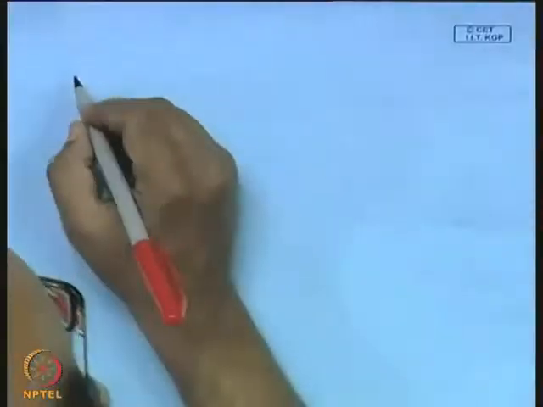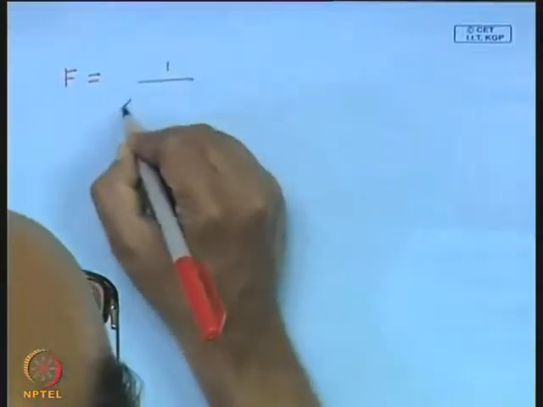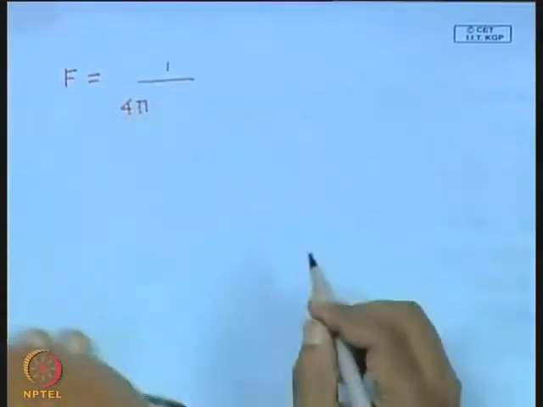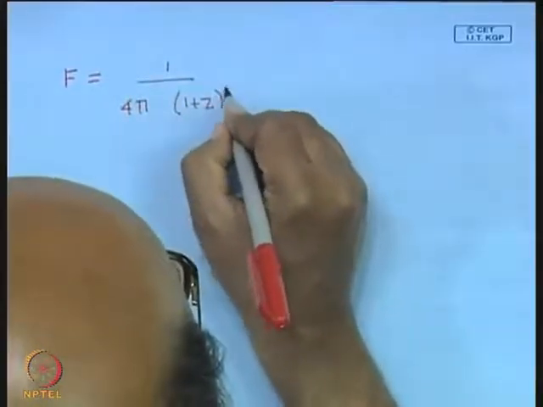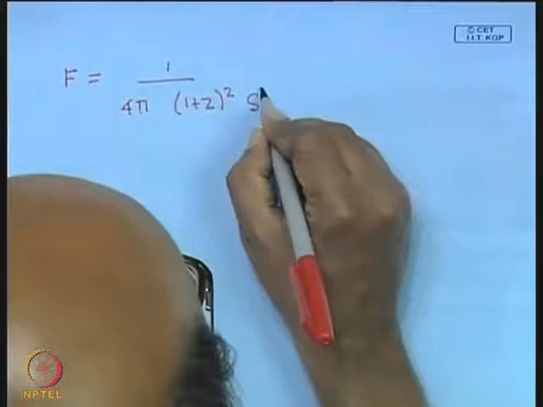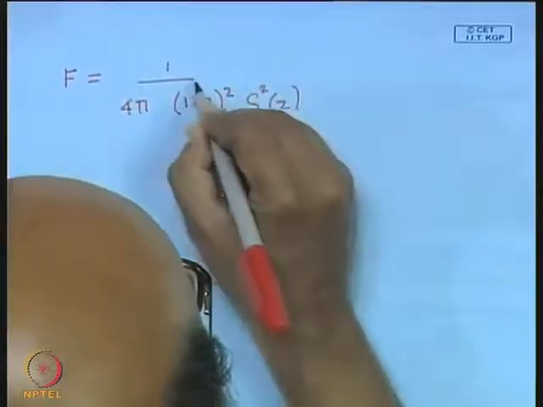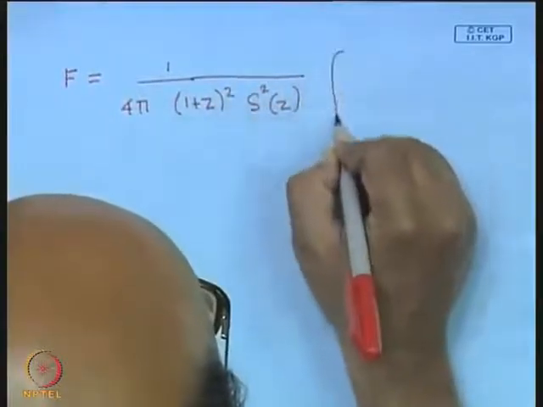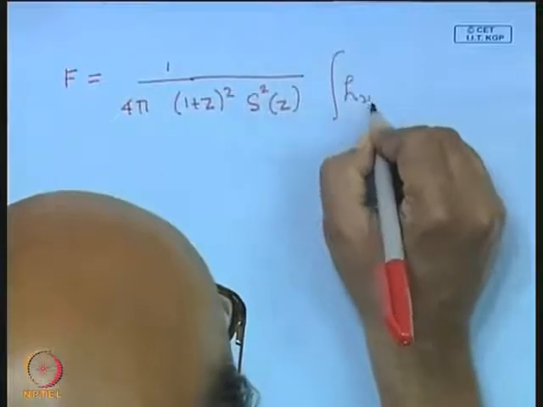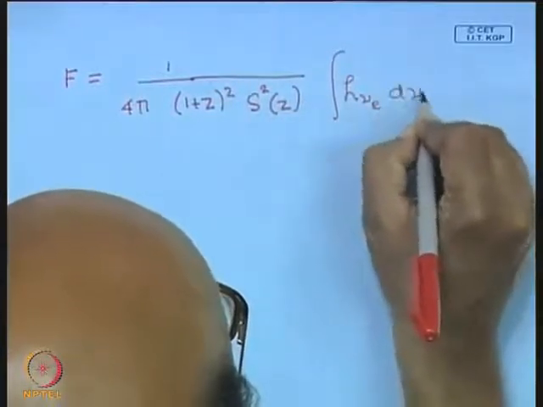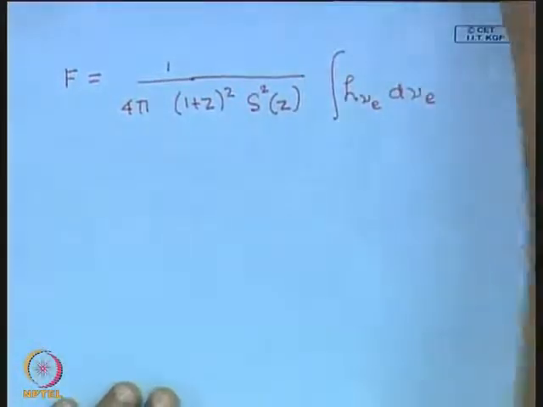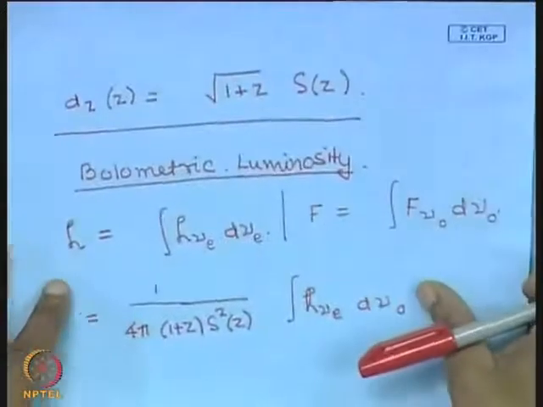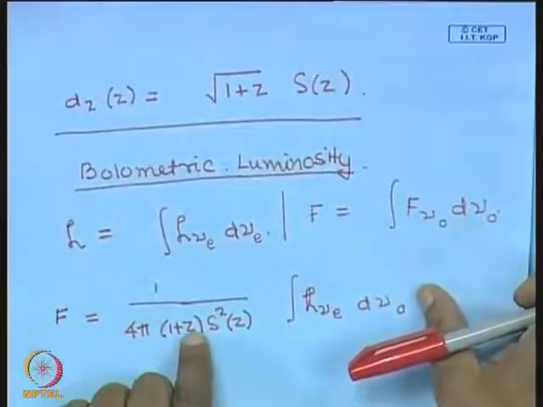The flux can be written as 1 by 4 pi, 1 plus z square s square z, L nu emitted d nu emitted, because I have to multiply this with a factor of 1 plus z and I have to divide this.